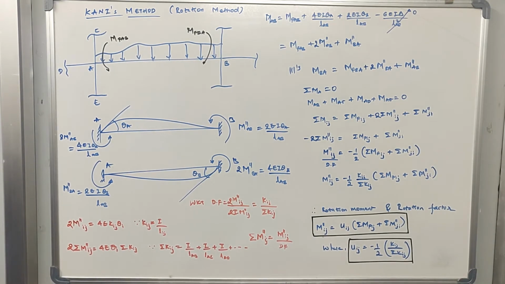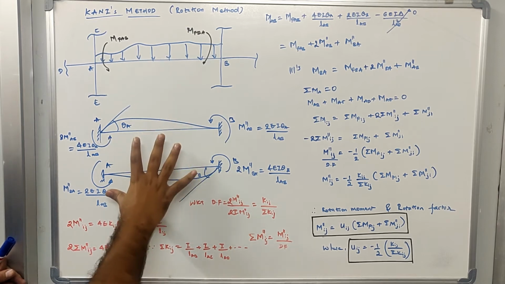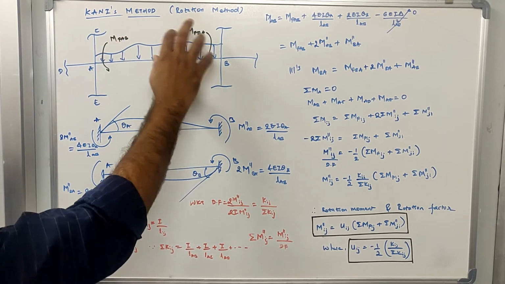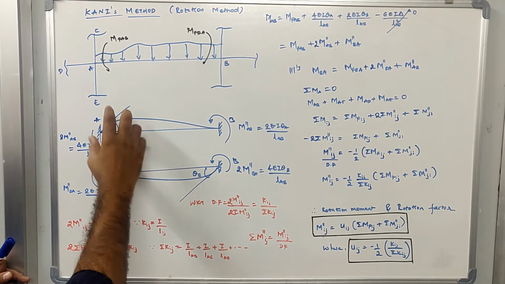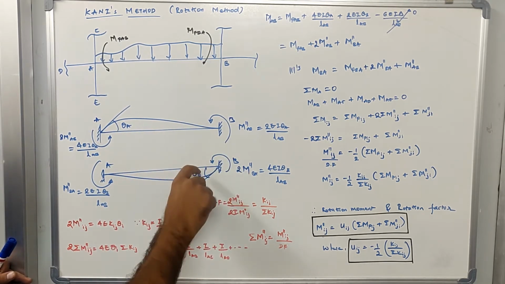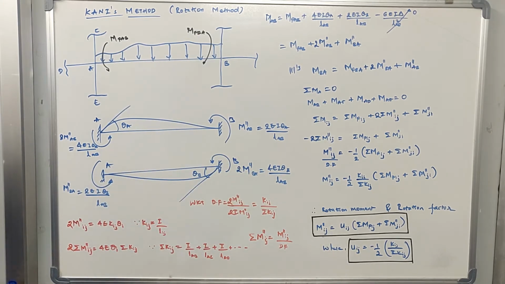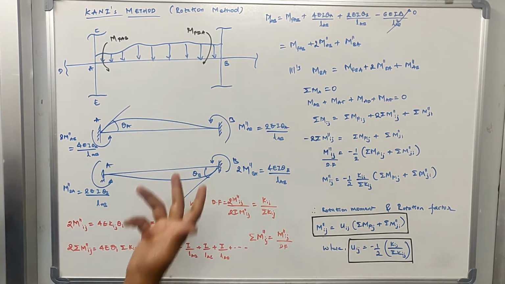So these are the scenarios I considered. First there will be the fixed end moments because of the loading, then theta A, which generates rotation moments, and then theta B, which again generates rotation moments. So two ends are there, and two rotation moments are generated.